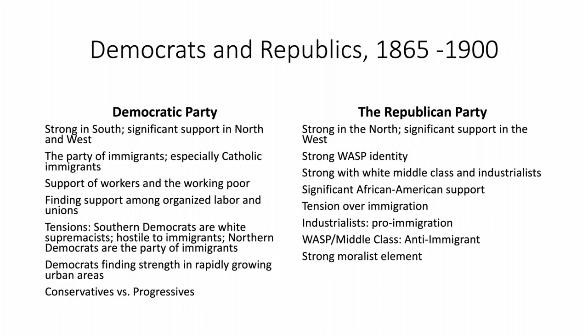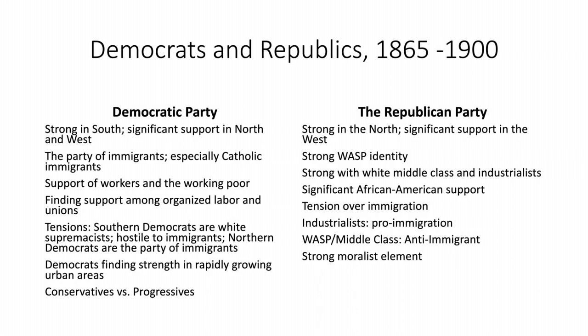However, the Democratic Party also has significant support in both the North and the West. So in the North, you have a lot of Democrats, particularly among the immigrants. Catholic immigrants tend to support the Democratic Party. And so you have within the North a strong tradition among certain immigrant groups, especially Catholic immigrant groups like the Irish and the Italians.